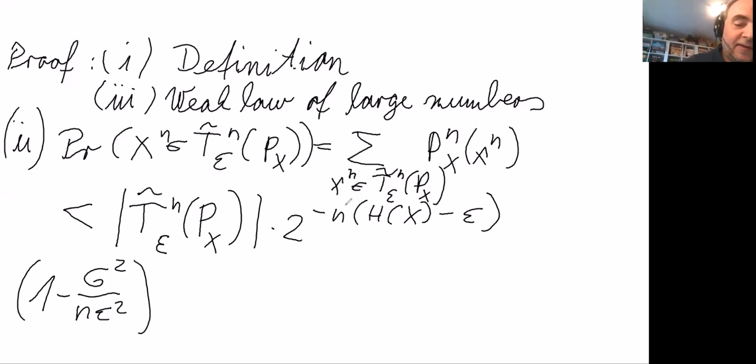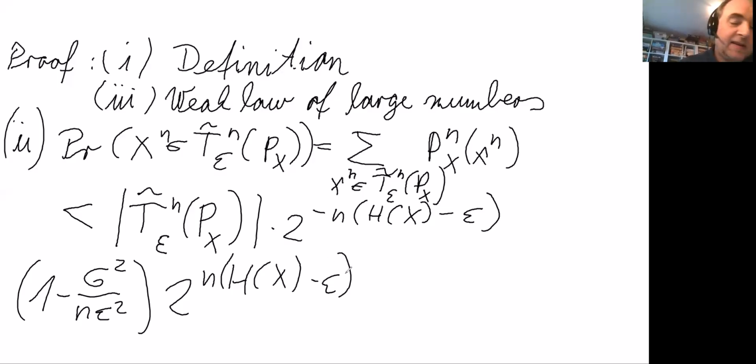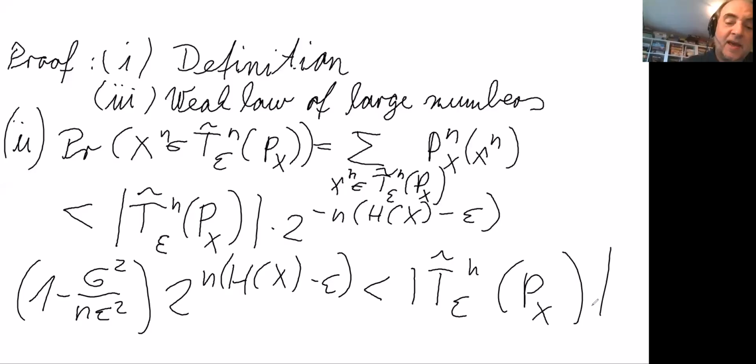Now we bring this to the other side, 2 to the n of h of x minus epsilon is smaller than the cardinality of T epsilon n of P of x. And this is exactly the lower bound for the cardinality.